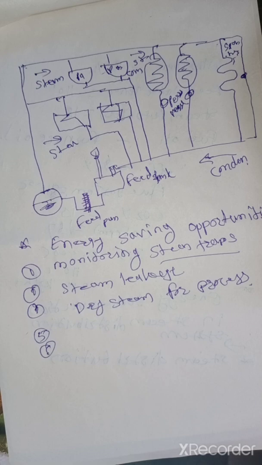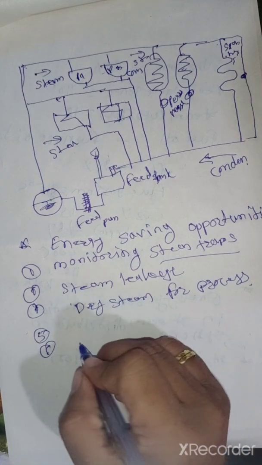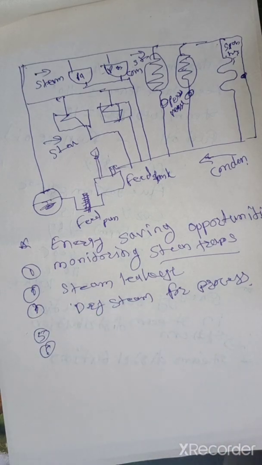So there are 9 points. You have to write only 4 to 5 points when a question asks about energy saving opportunities.